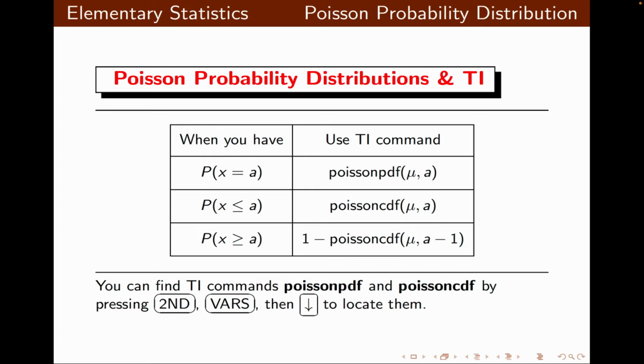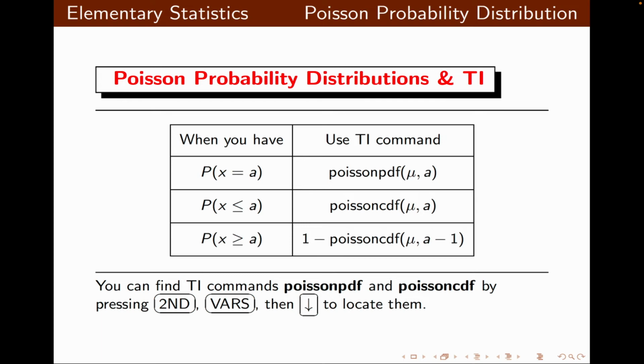When we're trying to find probability that x is less than or equal to a, we use Poisson CDF. And when we have probability that x is greater than or equal to a, we use the complement rule by finding 1 minus Poisson CDF, but whatever a is, we reduce it by 1.